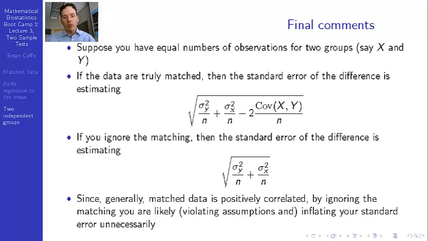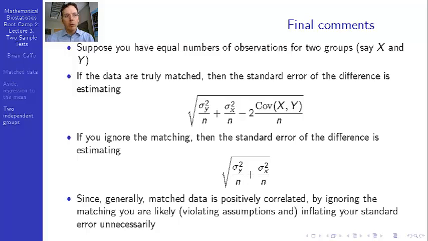Those kinds of designs are called crossover designs, and they randomize the order in which people receive the treatment in order to adjust exactly for this learning or carryover effect, or whatever you'd like to call it.